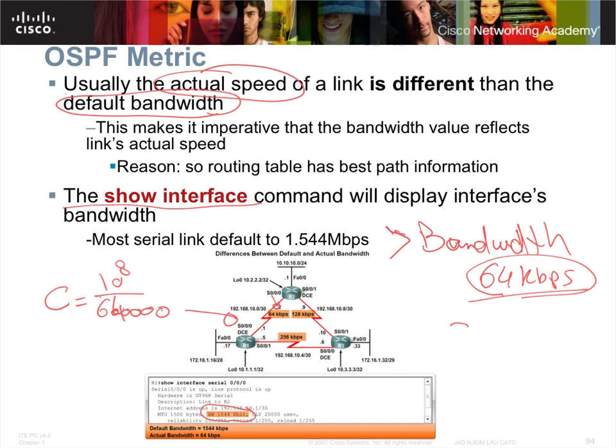Then it sends a link state request with the link state that's missing. Then it receives a link state update. It updates its table, and then it collects all the link states in the link state database. Then the last step is that it runs the Dijkstra algorithm against the link state table to form the shortest path tree, which populates the routing table directly.